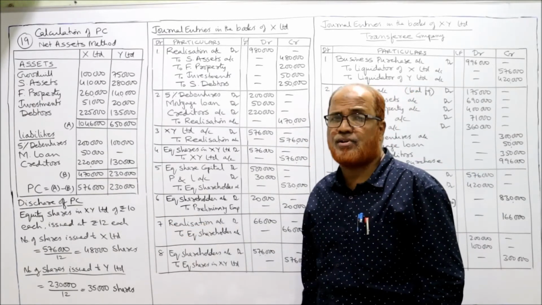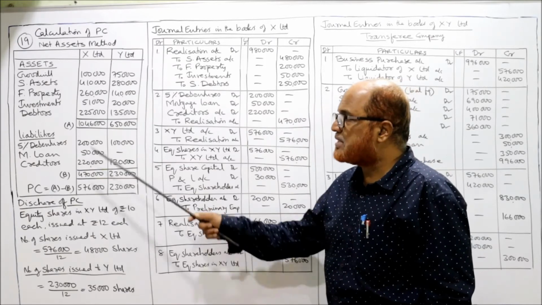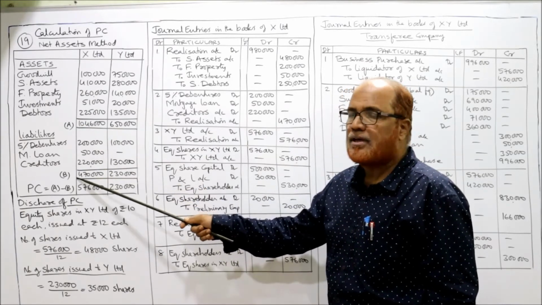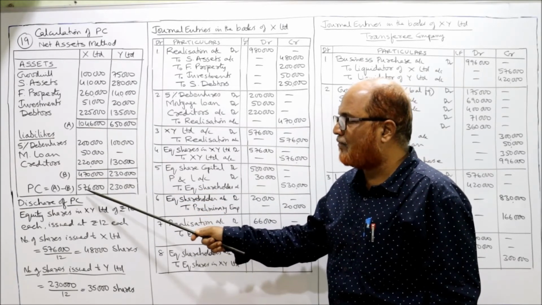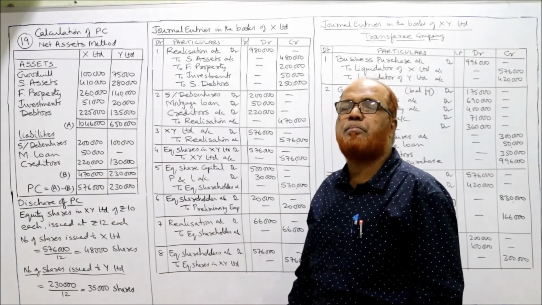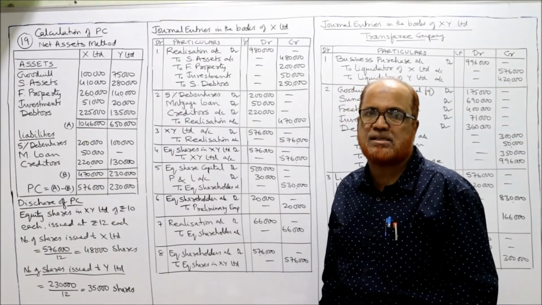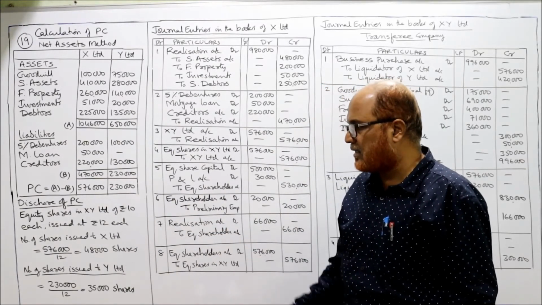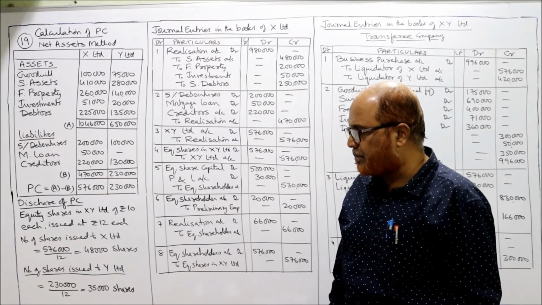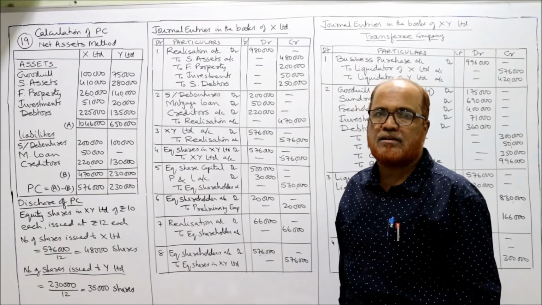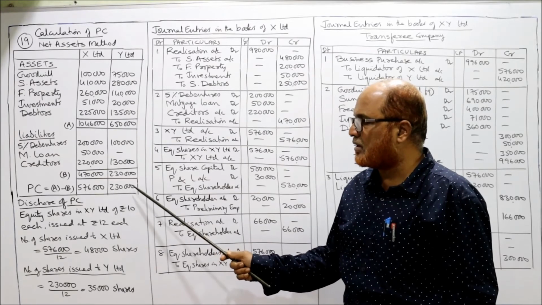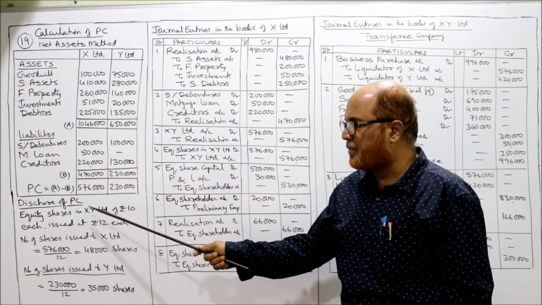Now purchase consideration, PC. So PC calculate करें A minus B. Assets minus liabilities. So 5,76,000 is the PC payable to X Limited, and 2,30,000 is the PC payable to Y Limited. So purchase consideration we got it. Now discharge of PC.